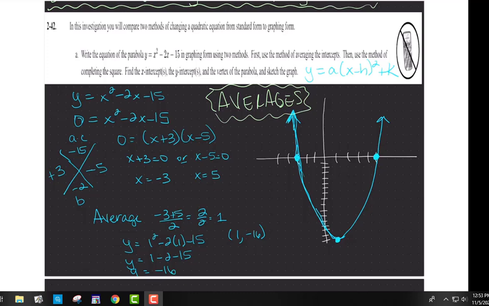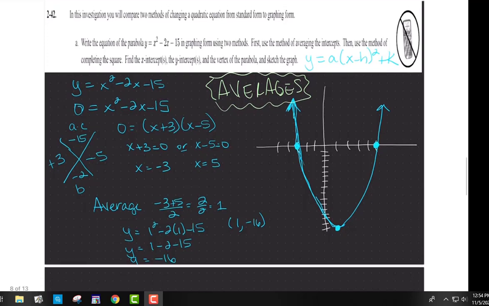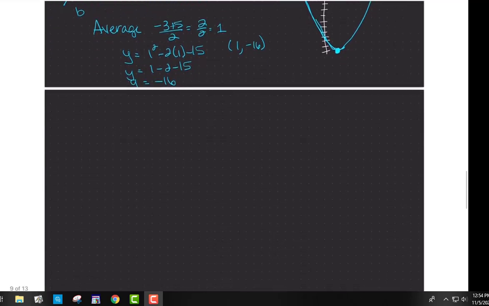And then to figure out the vertex, we know it's got to be in the middle, or the average of those 2. So you add them, divide by 2, that gives you your x value, plug it back in, and that'll give you your y. So that's method number 1. You ready for method number 2? I know you're excited.